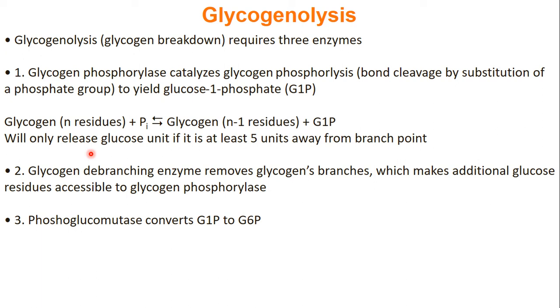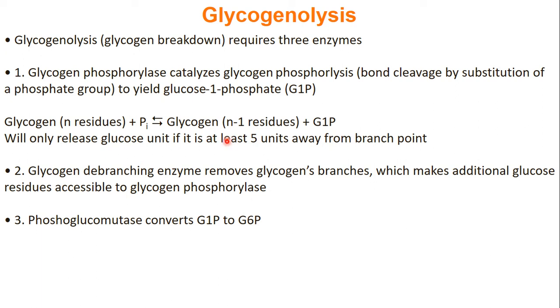So if you're at a branch and you're closer in than 5 molecules to where that branch starts, you cannot be cut off by this enzyme. It can only work on glucose further than 5. That has to do with how this enzyme interacts with your molecule. The binding pocket will only accept 5 glucoses, so if you're shorter than that, the enzyme won't bind.